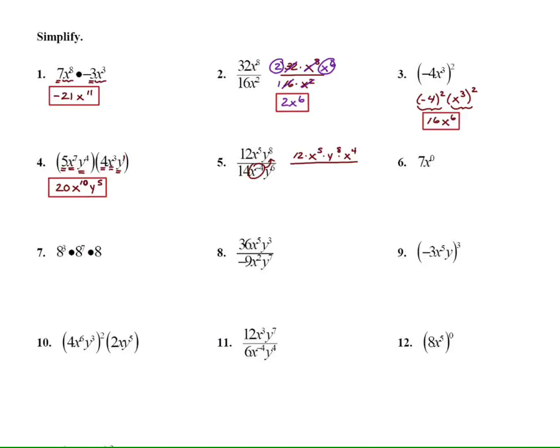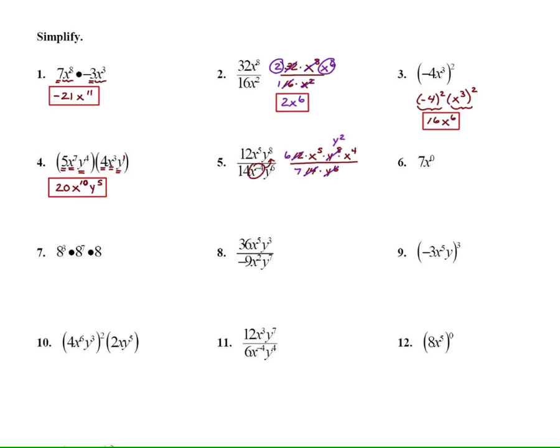So what I do is kind of split everything in the top up, 12 times x to the fifth times y to the eighth, and that x to the negative fourth that was in the bottom is now x to the fourth in the top. And then what's left in the bottom is 14y to the sixth. And now I'm going to reduce this like I reduced previous problems. So 12 and 14 will reduce to 6 and 7.